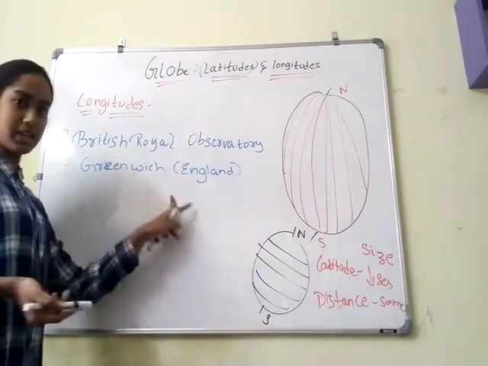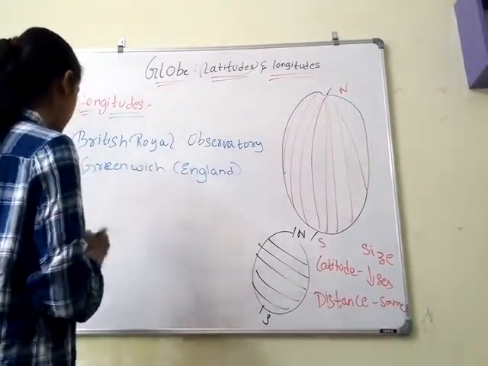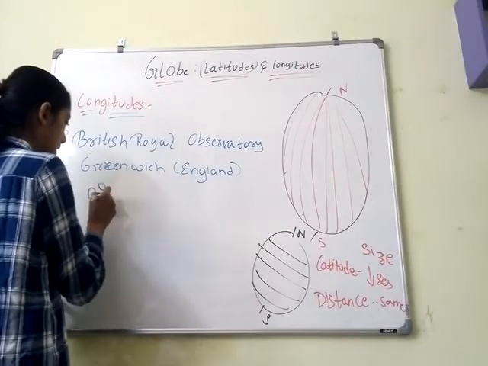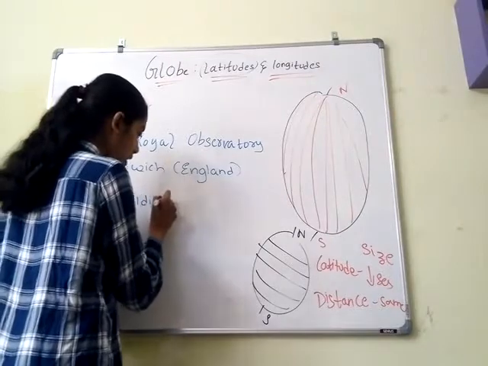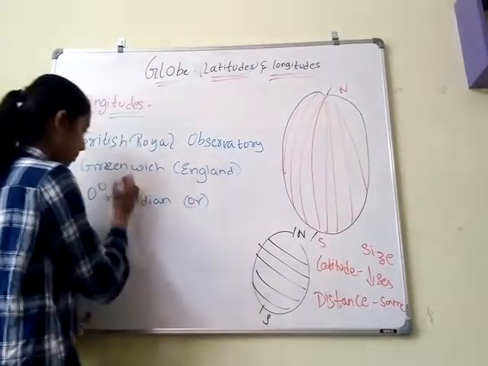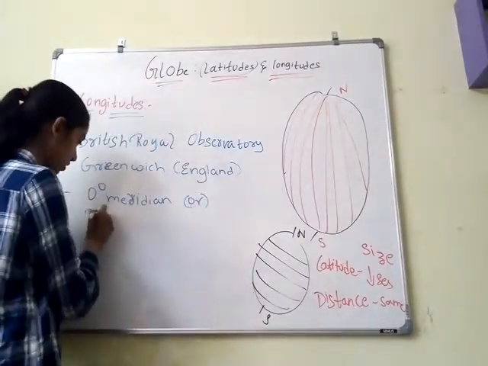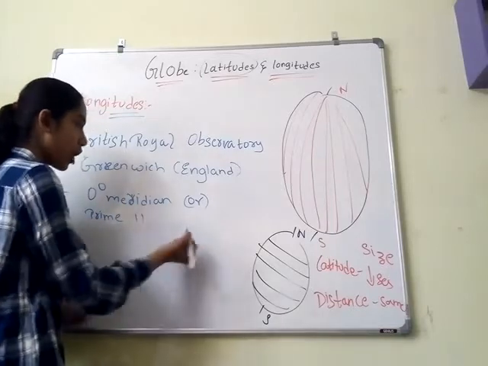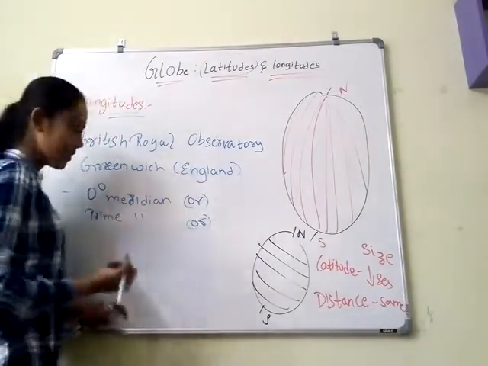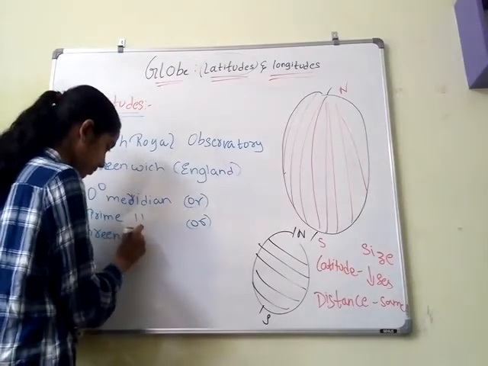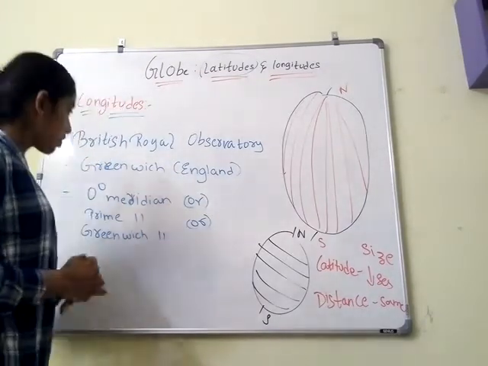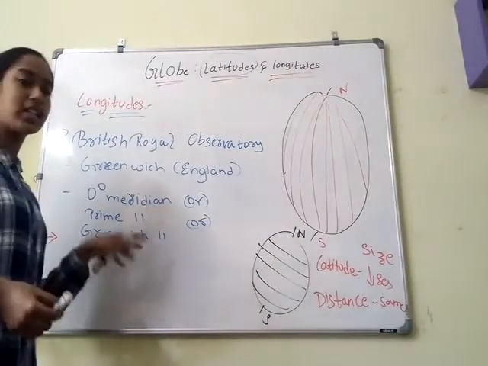is the 0-degree meridian, also called the prime meridian or the Greenwich meridian.